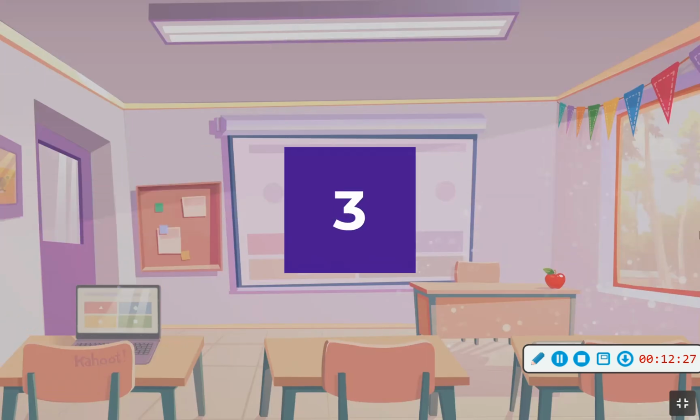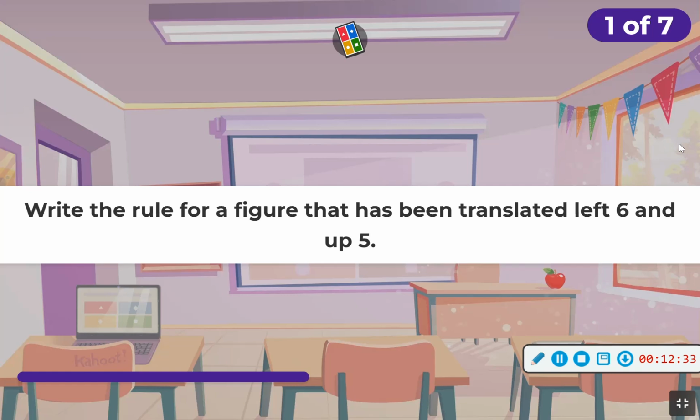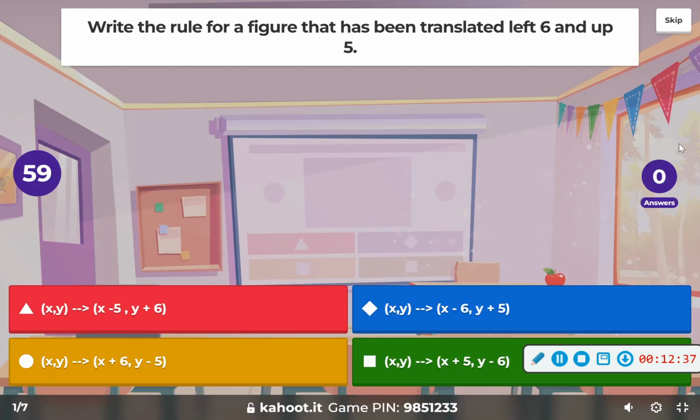First question is, what is the rule if a figure has been translated 6 left and 5 up? Which one of these is the rule? And if you need to move up because you can't see, that's fine. Which one of these is the rule for 6 left and 5 up?